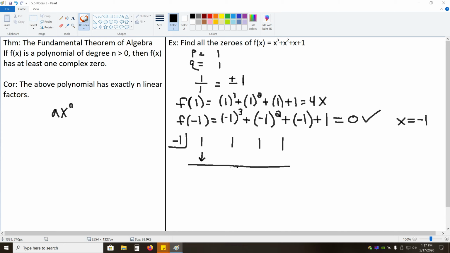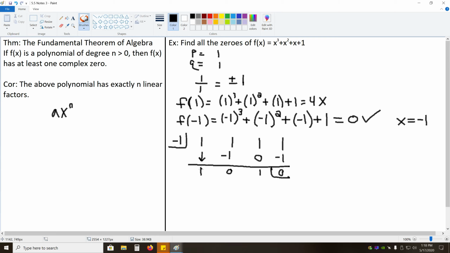And very quickly, we'll bring down 1, multiply by negative 1 to get negative 1. 1 minus 1 is 0, times negative 1 is still 0, plus 1 is 1, times negative 1 is negative 1, plus 1 is 0. So again, this proves it's a factor since the remainder is 0, but now we know what it factors into.